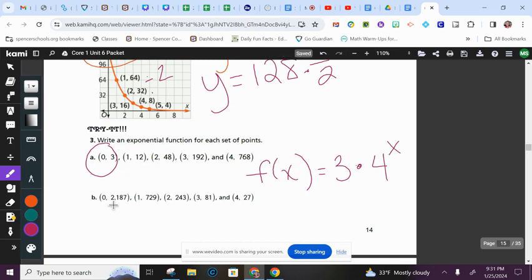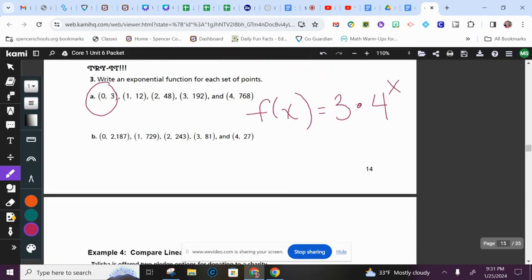Then I have, this is a big y-intercept here, 2,187. So f of x equals 2,187 times, ooh, I'm going down, so I know it's going to be fractional. And if you struggle with trying to figure it out, you take your calculator and divide backwards.